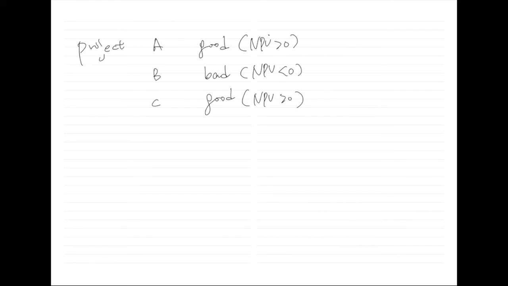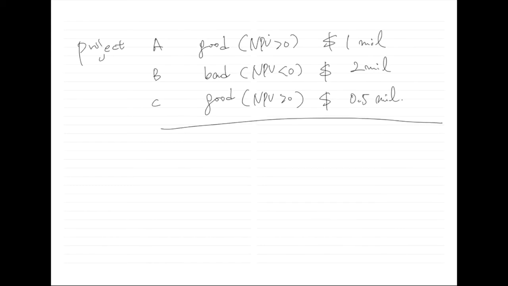And the required capital is $1 million, and let's say this is 2 million, this is 0.5 million. In this case, we invest only in the good projects, right?